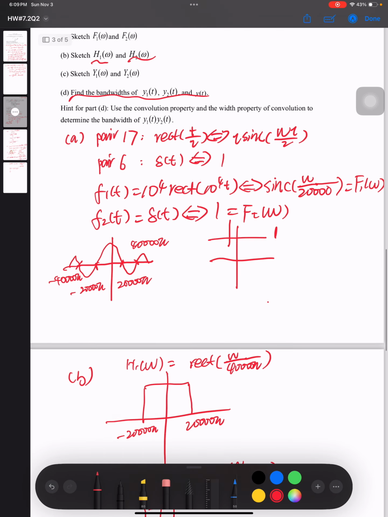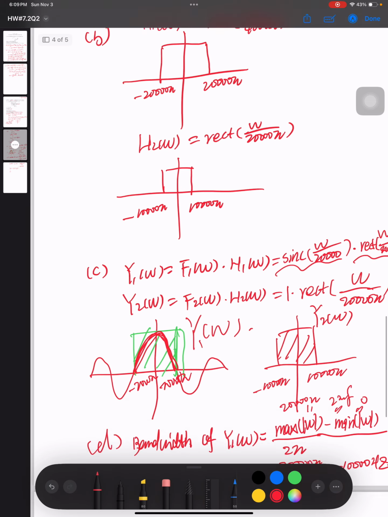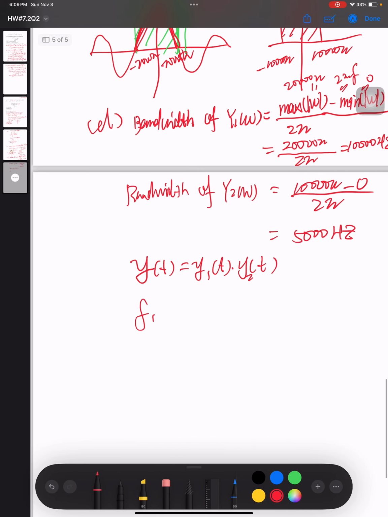Let's use the convolution property to determine the bandwidth. For f1(t) times f2(t), its Fourier transform is 1 over 2 pi, F1 omega convolved with F2 omega.